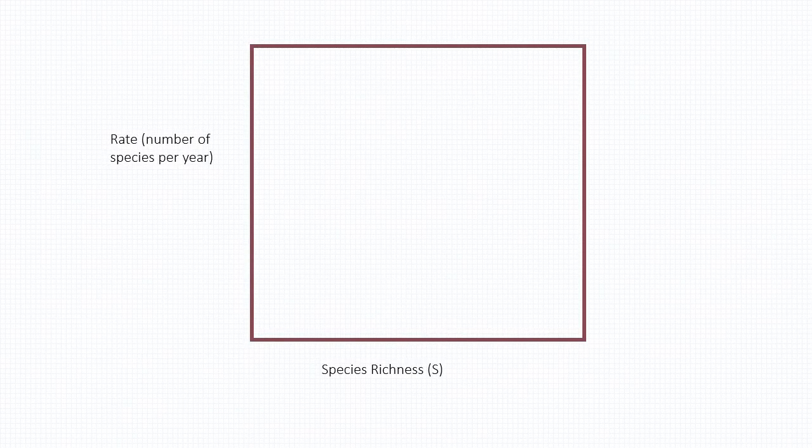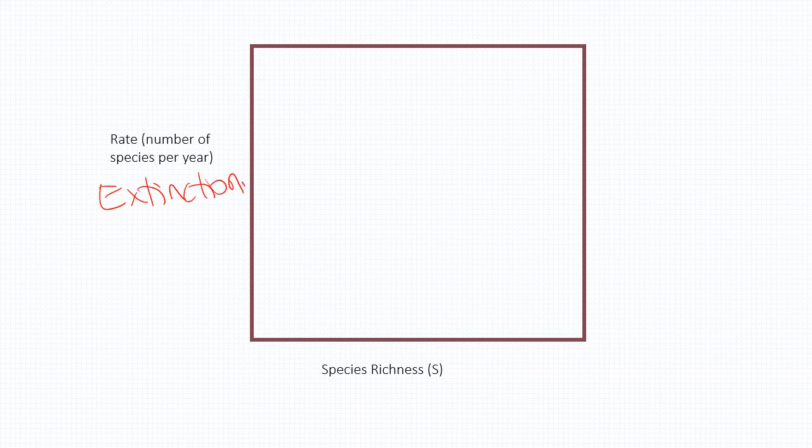We know that immigration is going to be affected by isolation, and it might also be affected by the size of the island. Obviously, if you have a bigger island, you have a bigger target. So you might have higher immigration on large islands as well. But area also has an impact on extinction rates. So if we look once again at the species richness and the number of species per year, this time we're going to talk about local extinction of species.